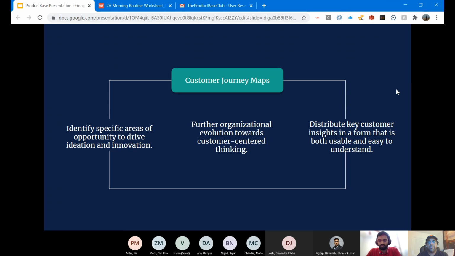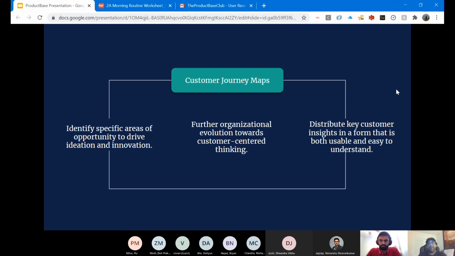What it also allows you to do is bring multiple teams into the same space. So the organizational alignment comes for everyone, whether it's the engineering team, the design team, the product team, the legal team, or the marketing team. It allows them to think about a customer-centered approach.